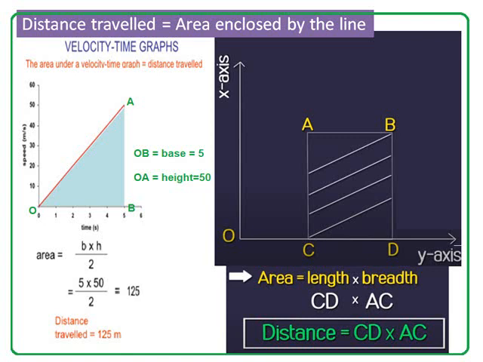So substitute in the formula, area is equal to half BH, half into base 5 into height 50. So you will get 125. So the distance traveled by the body is 125 meters.